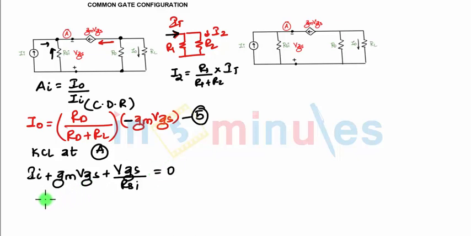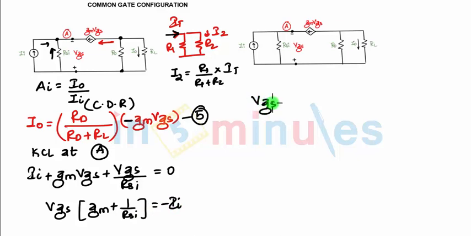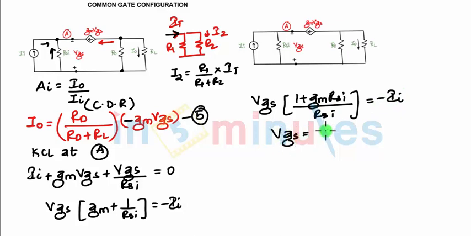If I take VGS common, it will be GM plus 1 upon RSI equals minus II, which can be further written as VGS into 1 plus GM into RSI upon RSI equals minus II. Therefore VGS can be written as minus II upon 1 plus GM RSI multiplied by RSI, calling this equation 6.